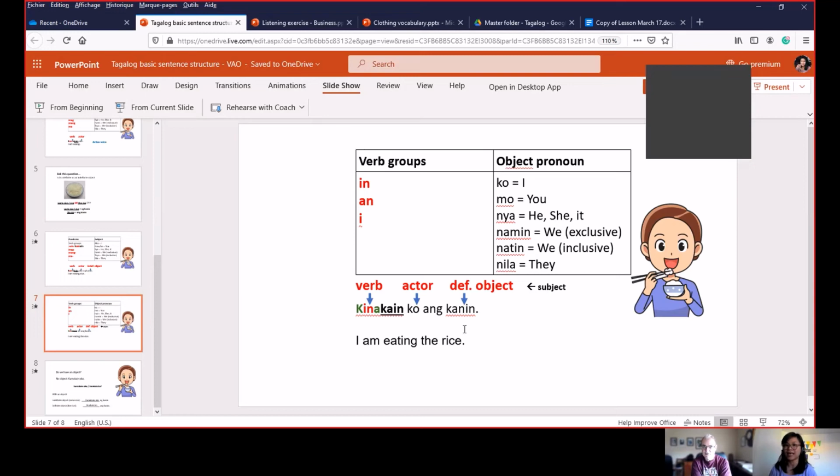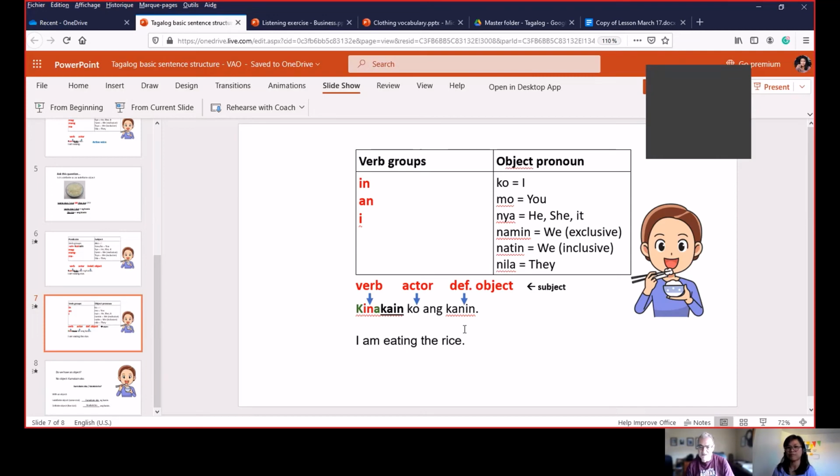The rice is being eaten by me. So that's why it's passive, right? It's being eaten by me.